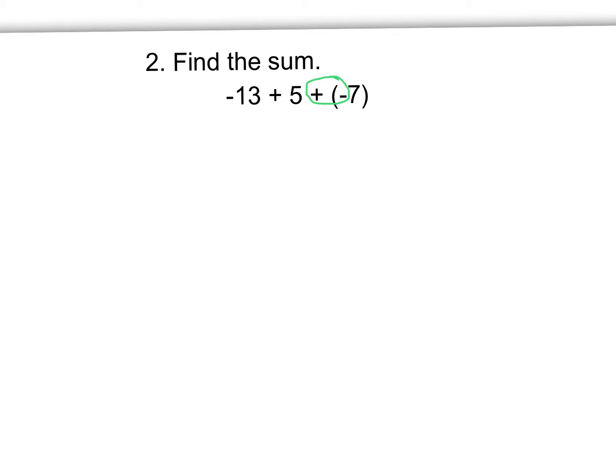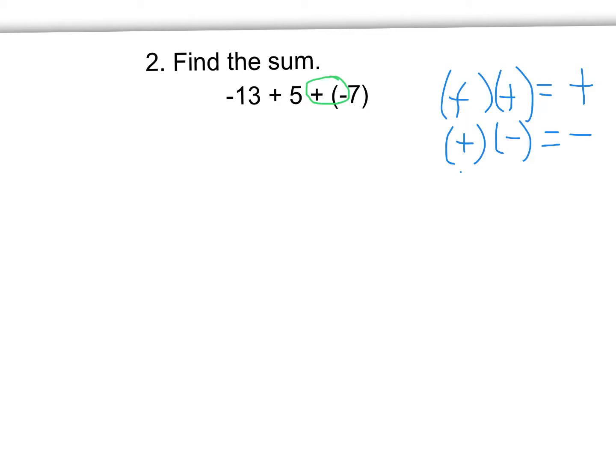So to do something like that, we have to take a look at our tables here. So if we're adding a positive number, kind of like a multiplication rule at the same time, if you're adding a positive number, you're really just, you have a positive. If we're adding a negative number, most of us know if I'm adding a negative, I'm really just subtracting.